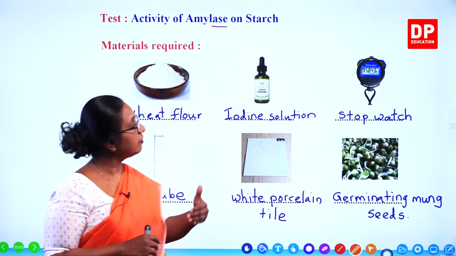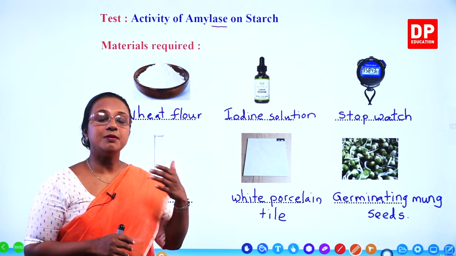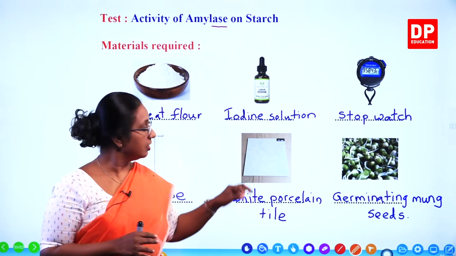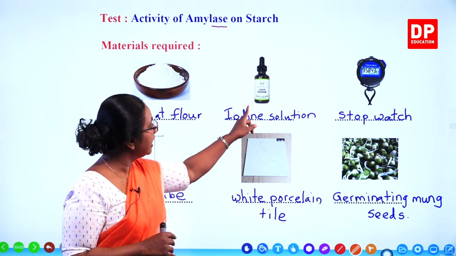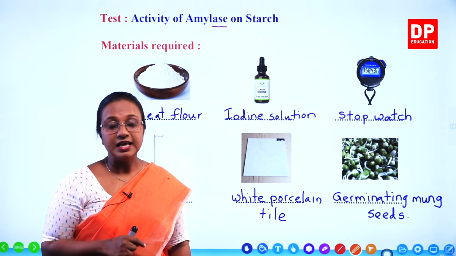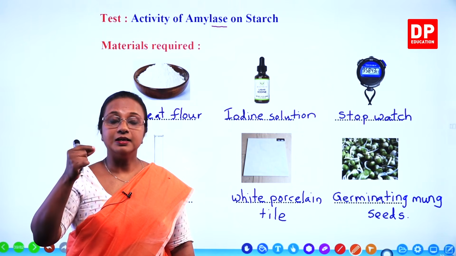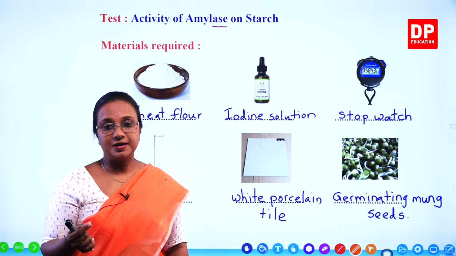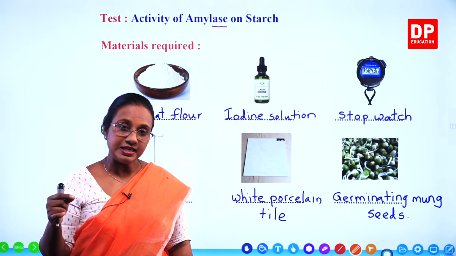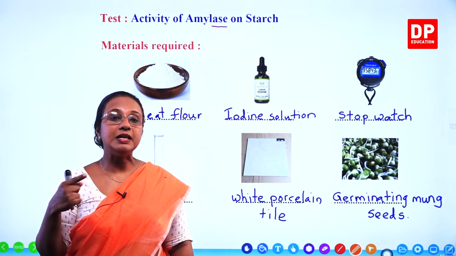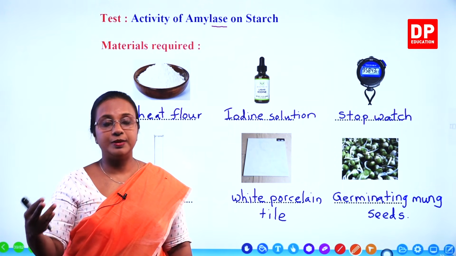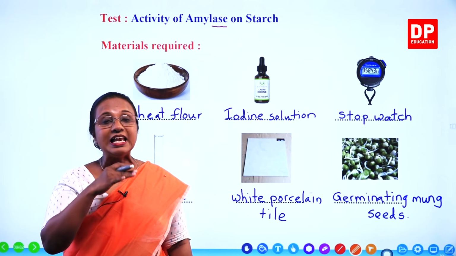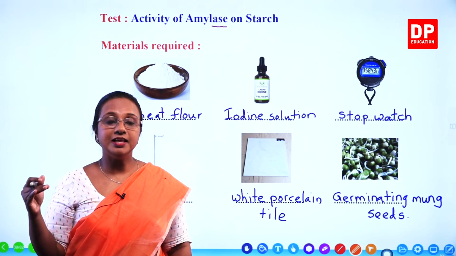Then we wait for another 2 minutes and repeat the procedure. Take out a drop from the reaction mixture, put it on the white tile, add a drop of iodine. Again you will get a dark blue or purple color appearing. But when we keep on repeating this step every 2 minutes, the dark blue or purple color will decrease in intensity.